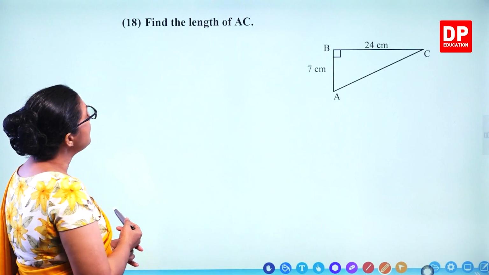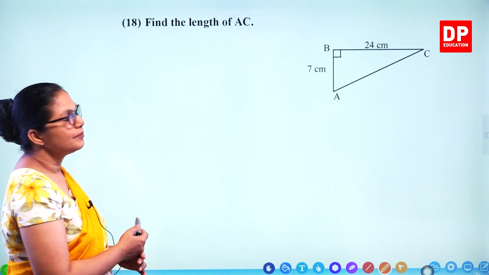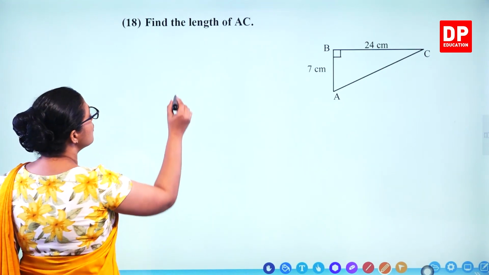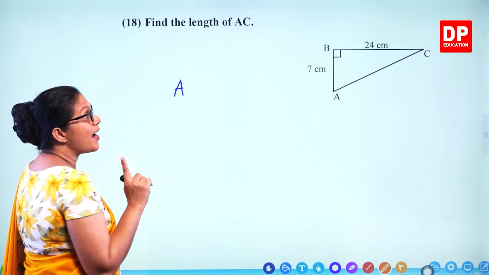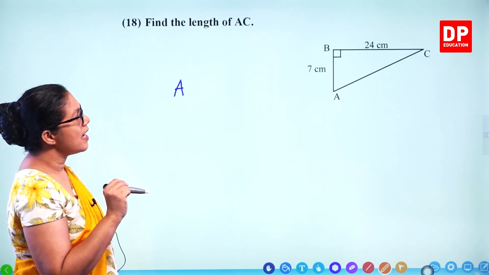Question number 18. Find the length of AC. Right angle triangle. So how do you use Pythagoras theorem for a right angle triangle?